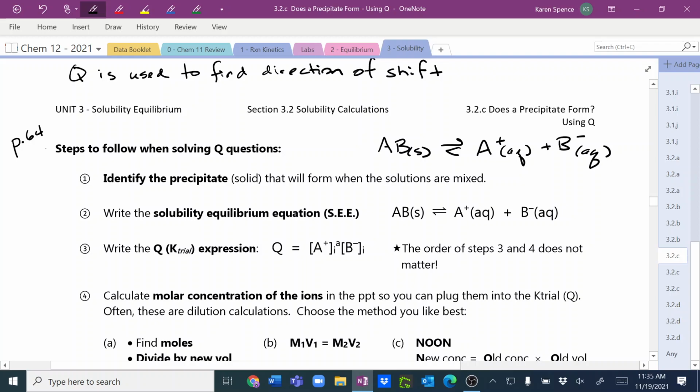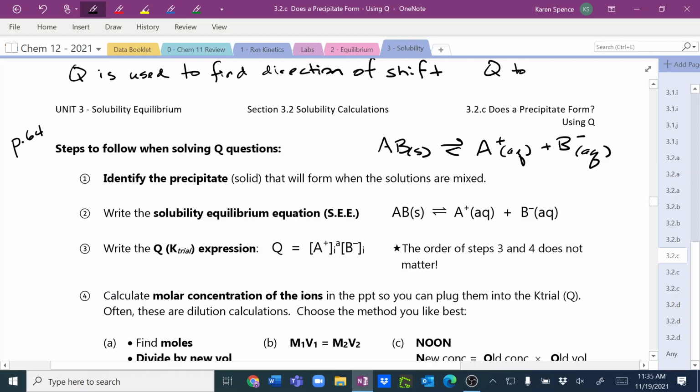What you're going to do is you are going to be given some ion concentrations. You're going to plug them into your Q, and you're going to say, is Q too big? What happens if Q is too big? It will shift to the reactants. Yes?